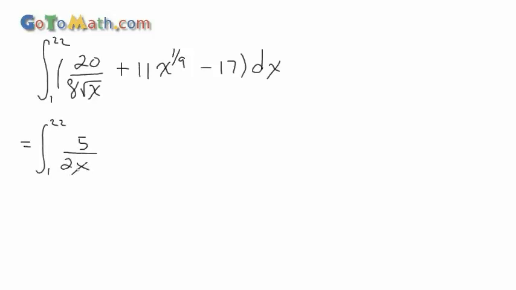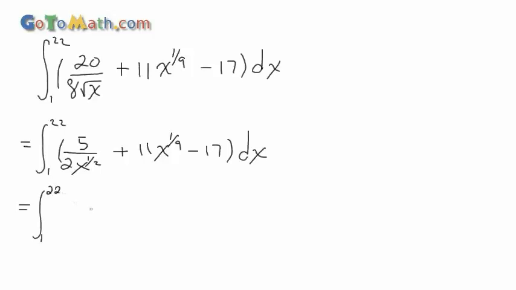I'm going to rewrite this with x to the half power. Plus, nothing we can do here. And then minus 17. Can't do anything there either. Let's put parentheses around all that and hit it with a dx. So you probably have already worked it out.